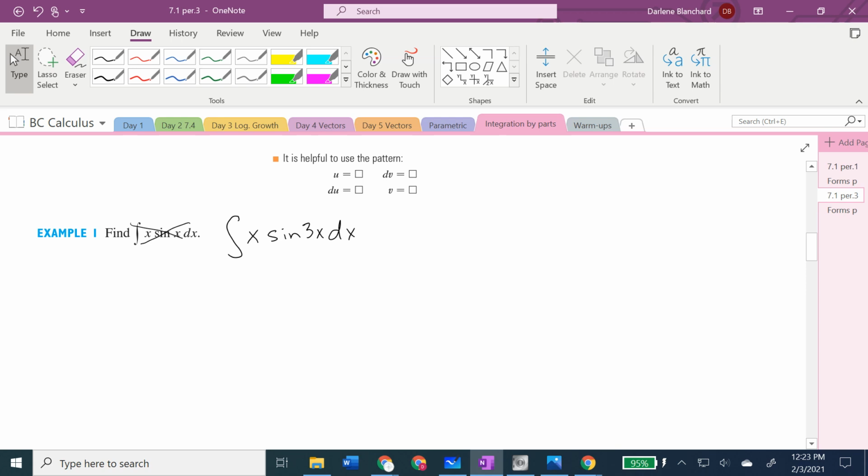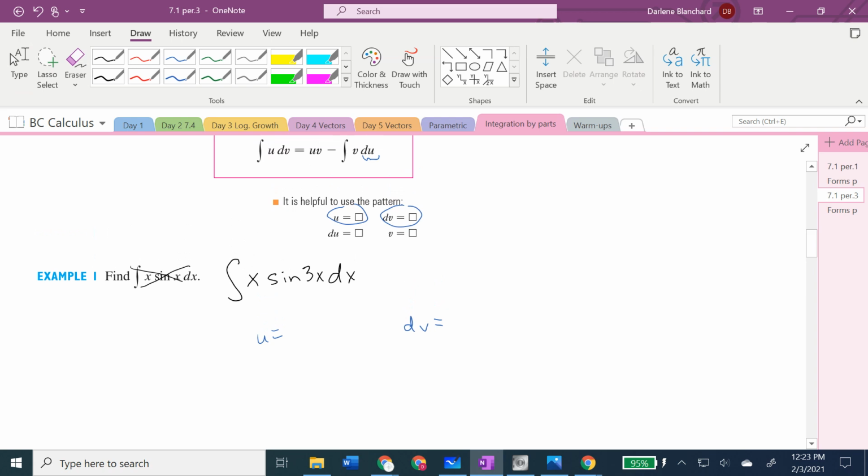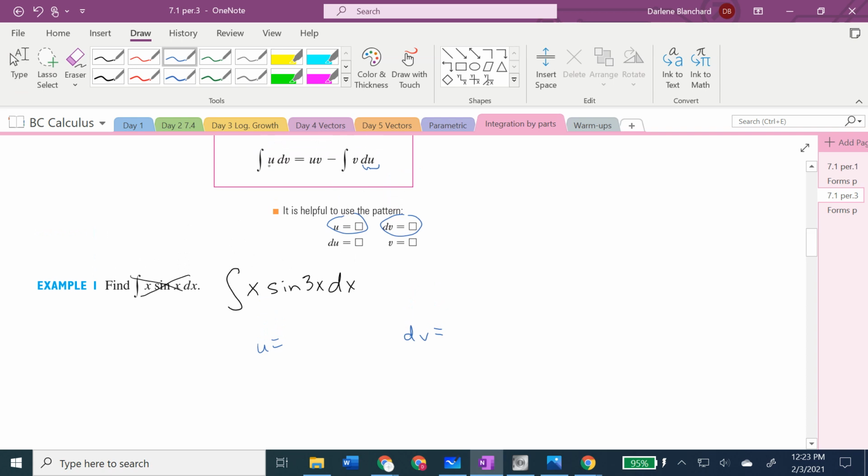So what you're going to do when you start off is you're going to write the u and the dv, and you're going to figure out what those two are. Remember that those are the integral you're starting with.